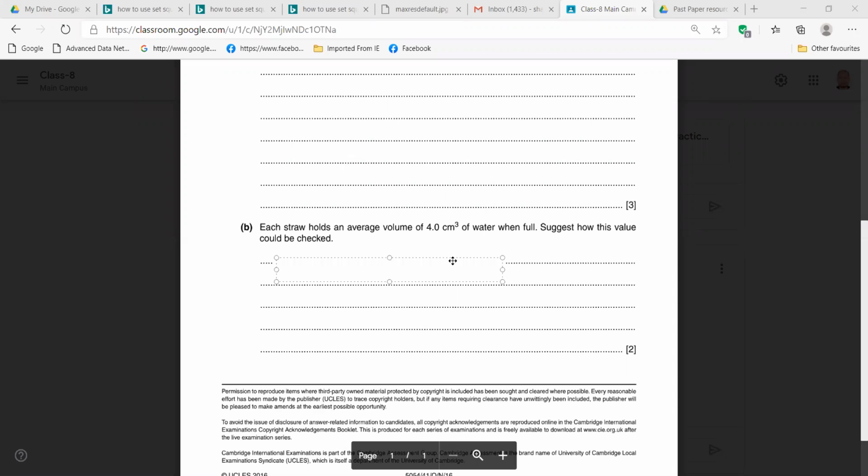No problem. Everyone also take the notes. First, we will fill one of the straws completely with water, 4.0 centimeter cube of water, and pour the water into the measuring cylinder.